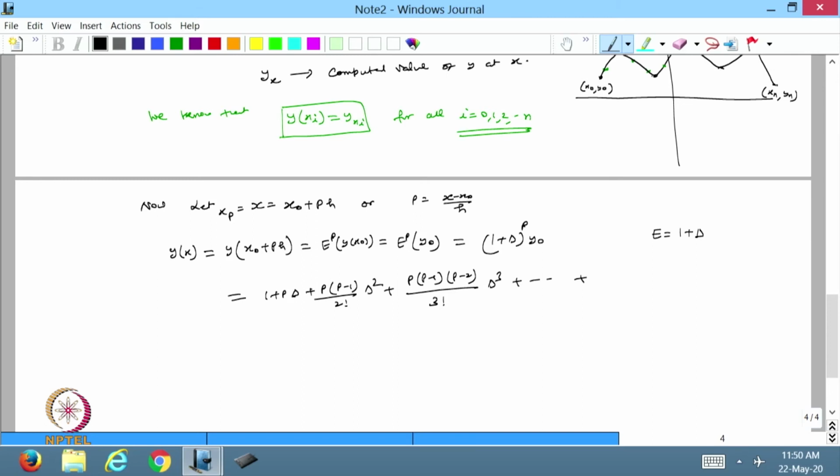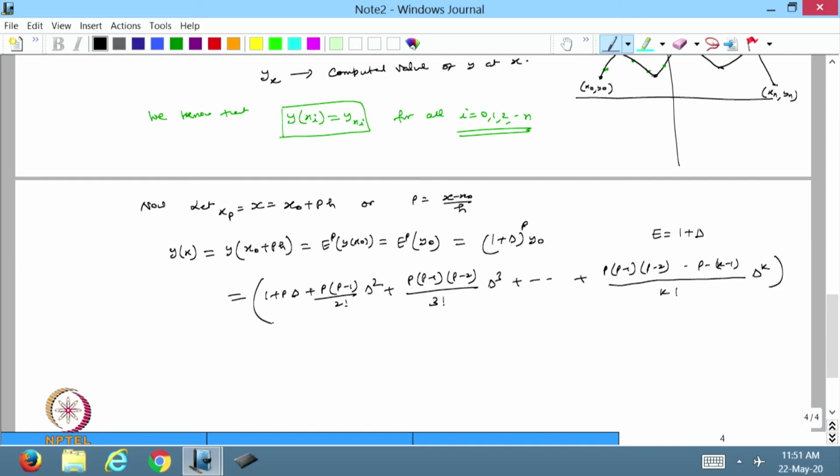So, it will go up to p(p minus 1)(p minus 2) up to p minus k minus 1 divided by k factorial del k.